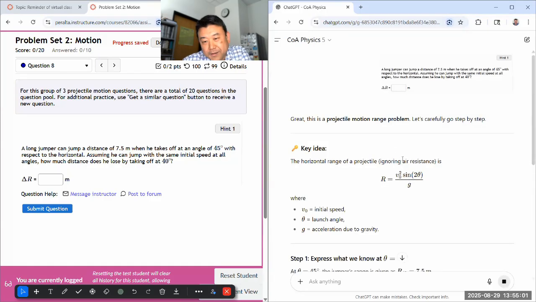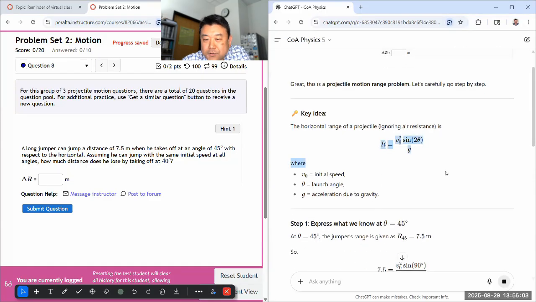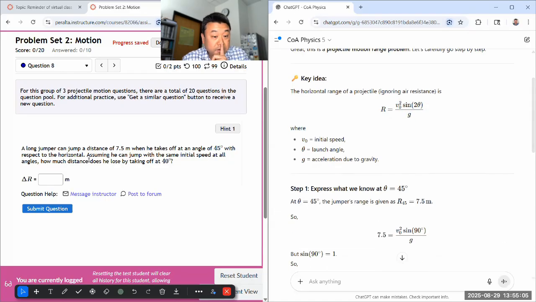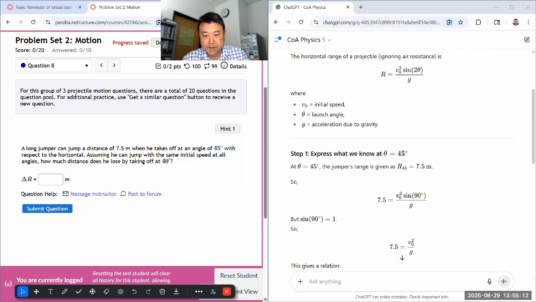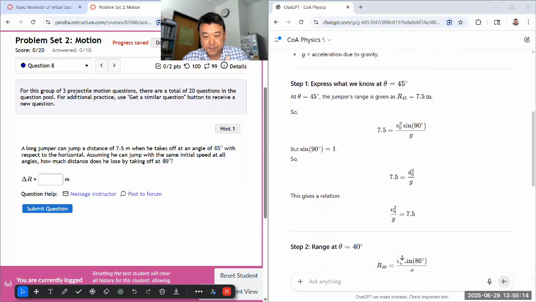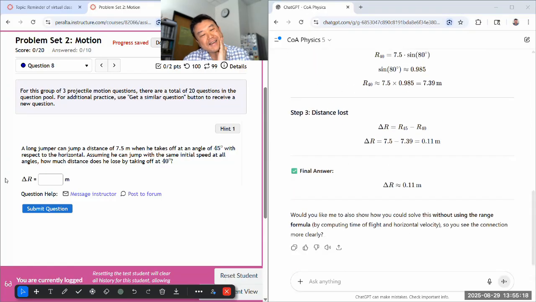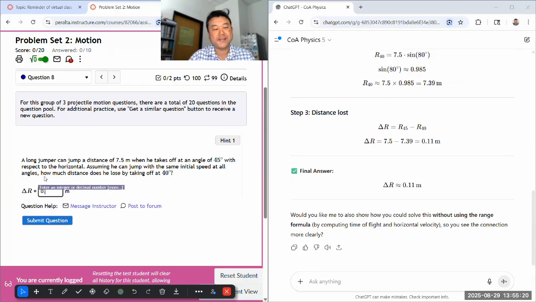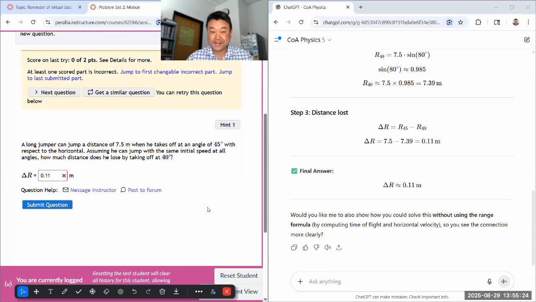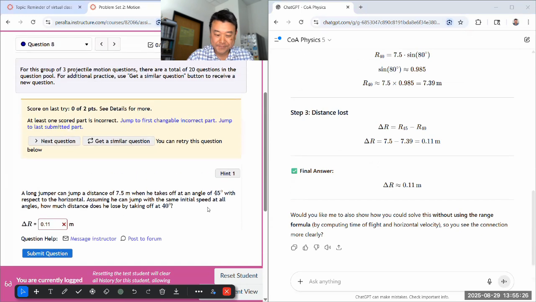It's all right, never mind. Did it give you the formula? Actually no, because it says it's not asking for the range yet. It's asking to express what we know at theta equals 45. Okay, good. It's a relation. So yeah, I didn't want it to do that. But let's see how it copes.